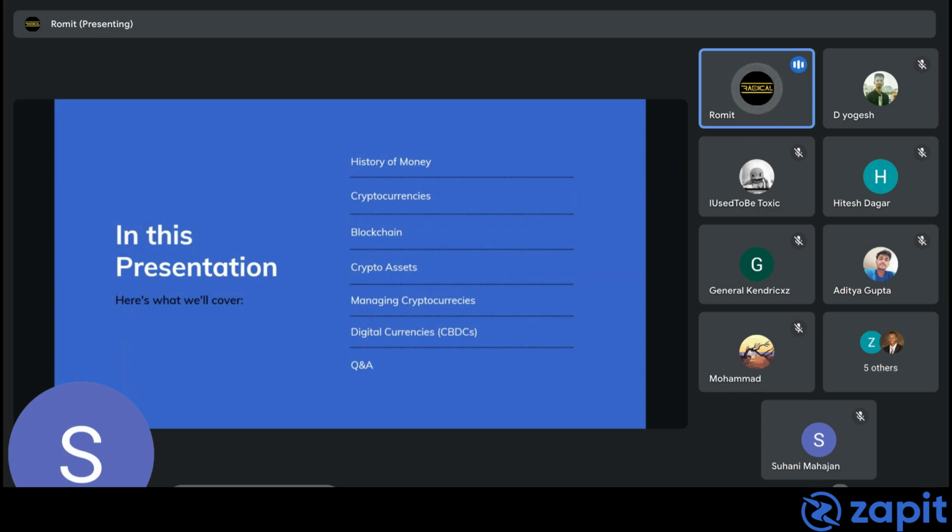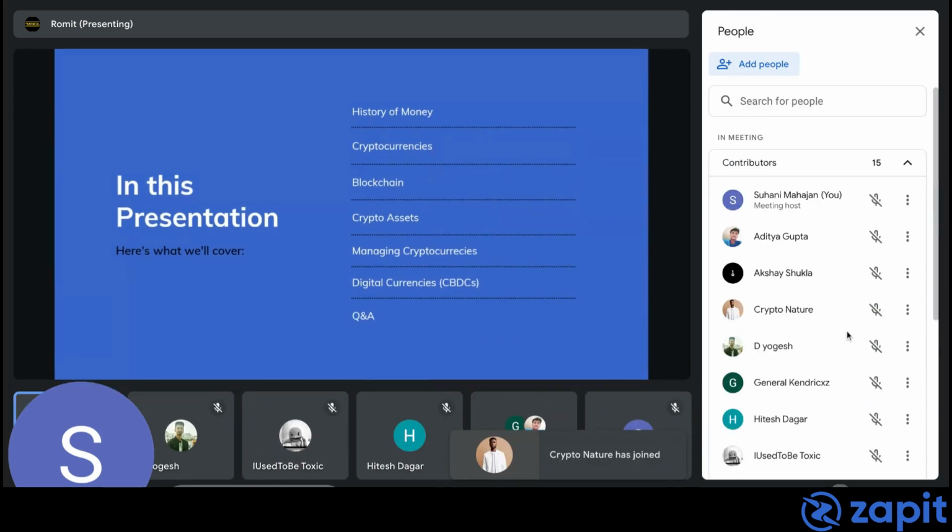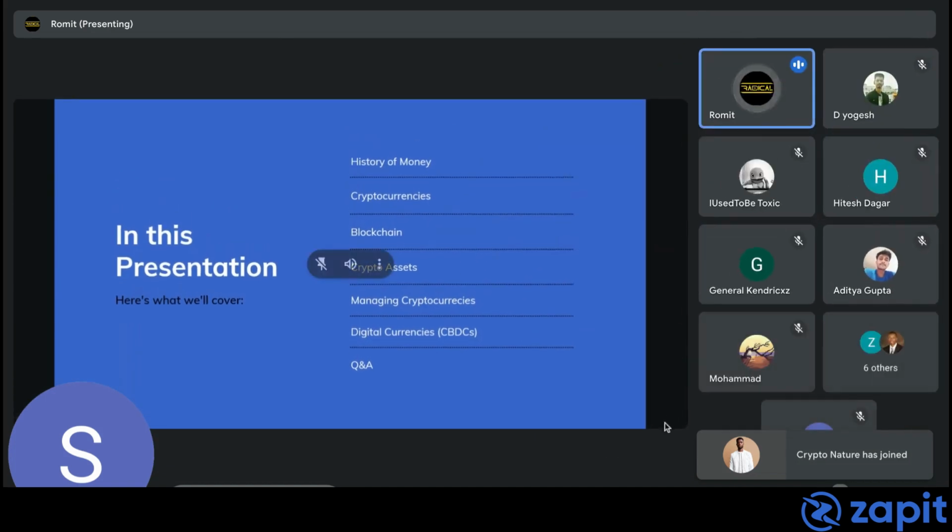So I will go through, in detail and from the historical point of view, how money itself started and how assets were built upon. Then we're going to get into cryptocurrencies, and I'm going to explain what blockchain is and how it works. We're going to go through certain applications of cryptocurrencies and blockchain, which is how crypto assets can be used in day-to-day life.